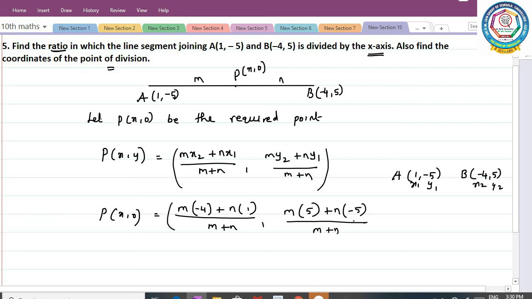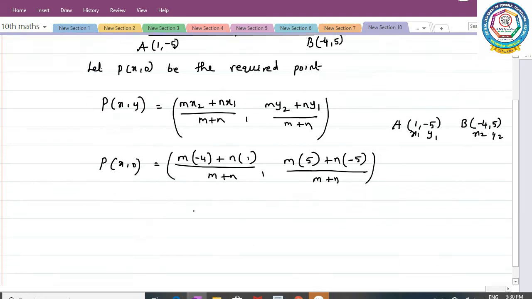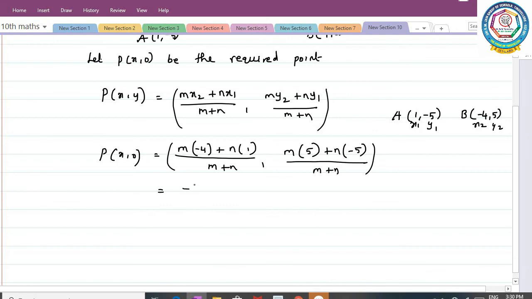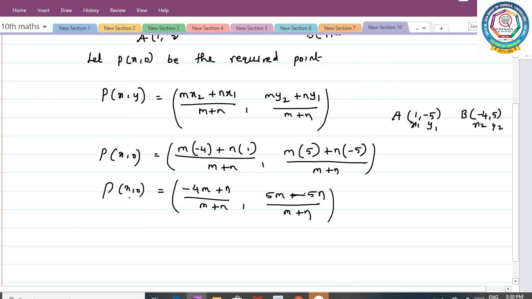So next step, (minus 4m plus n) by (m plus n), comma (5m minus 5n) by (m plus n). Here P of x comma 0. If I equate these first two terms, I can't find out m and n because x is there.